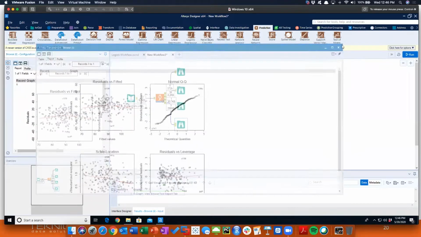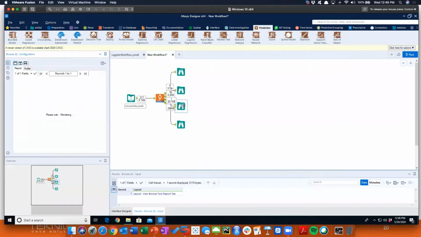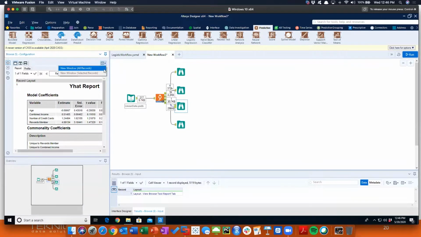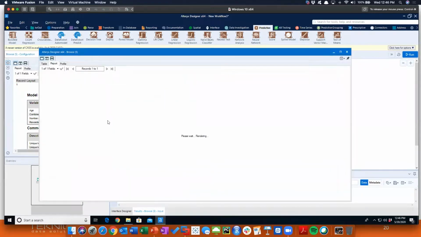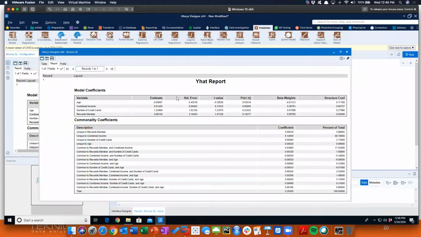And then the other thing is the reason I like this is because we get not only the weights, meaning how much each one contributes to the overall model, but we also get something called the beta weights, the structure coefficients, and these are called the commonalities. Basically we get information about how each variable contributes to the model in and of itself.